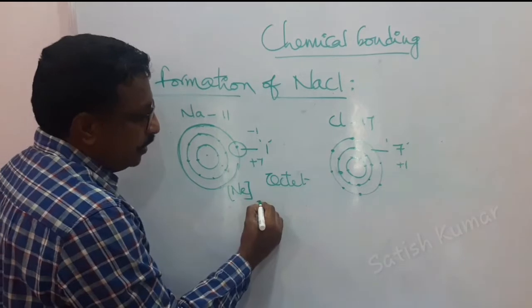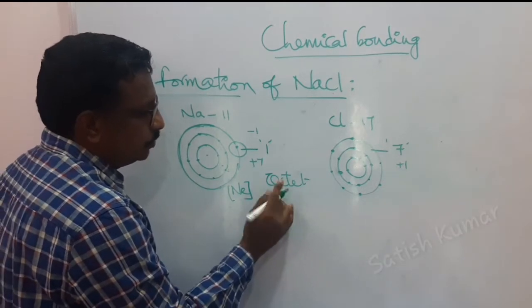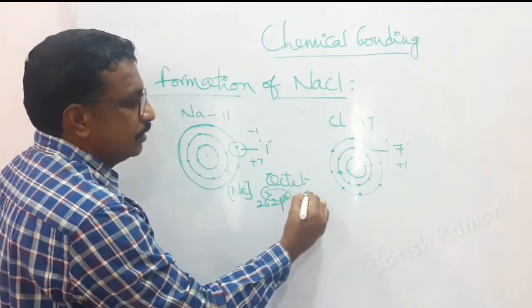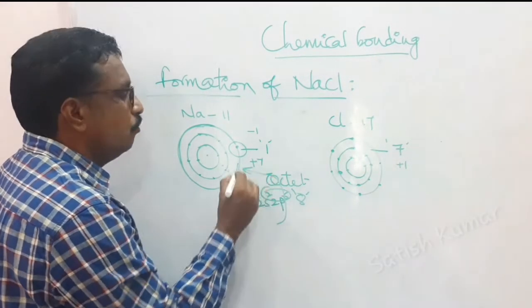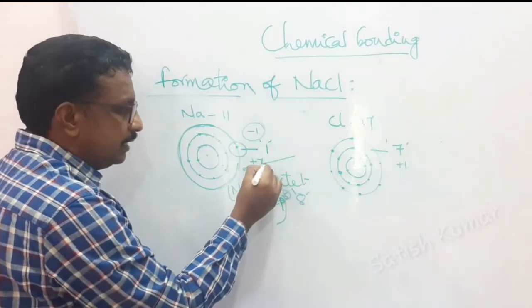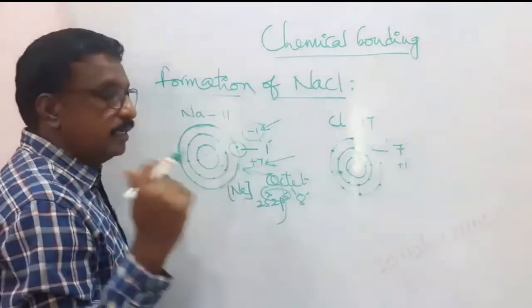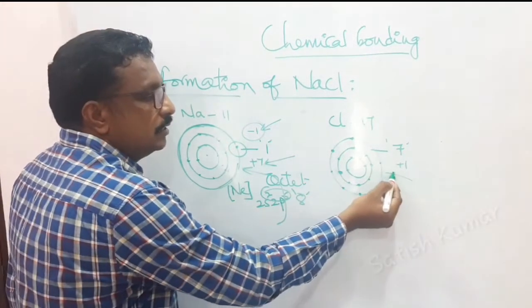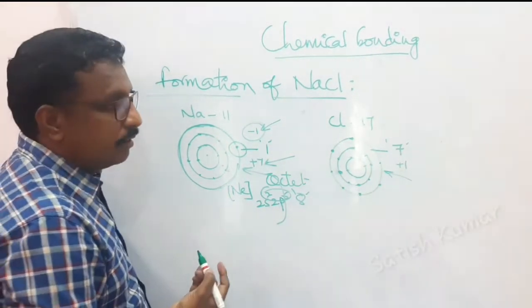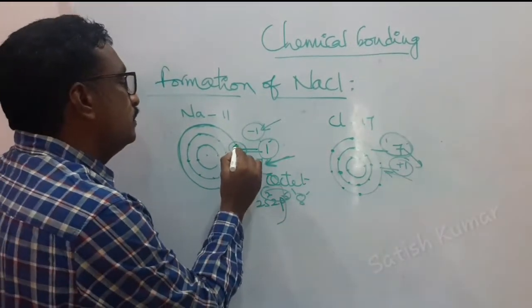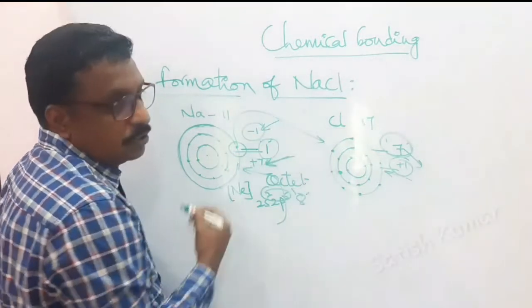The outermost configuration of neon is 2s2 2p6, which is 8. So sodium gets the octet when it loses 1 electron. Gaining 7 is very difficult, so losing 1 is easy. Here chlorine easily gets 1 electron. So sodium loses 1 electron and this electron is transferred to the chlorine.